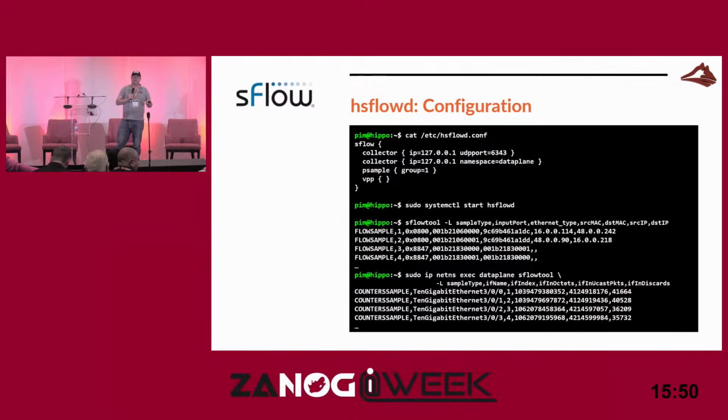So this feature allows you to send the UDP sample packets to both the internal management network as well as within the data plane through VPP onto the internet if you'd like. We send samples to sample group 1, small detail, and then we turn on the VPP collector with that little stanza VPP there. So as soon as we start the sFlow D, we can run this tool called sFlow tool, which listens on this UDP port for the ultimate packets, right? So at the end of this whole game, the packets are being seen here as UDP datagrams that you can do further processing with.